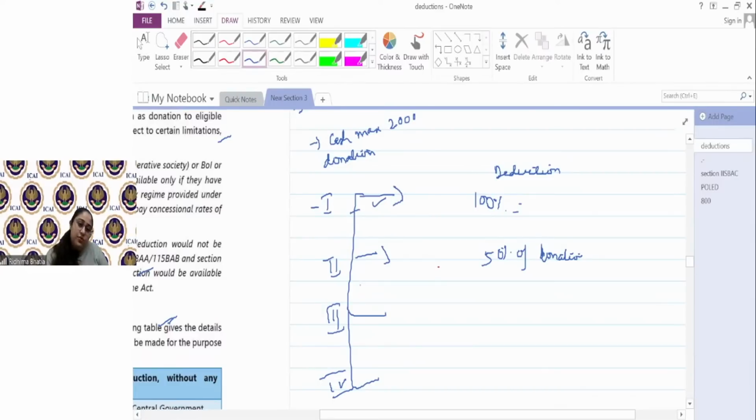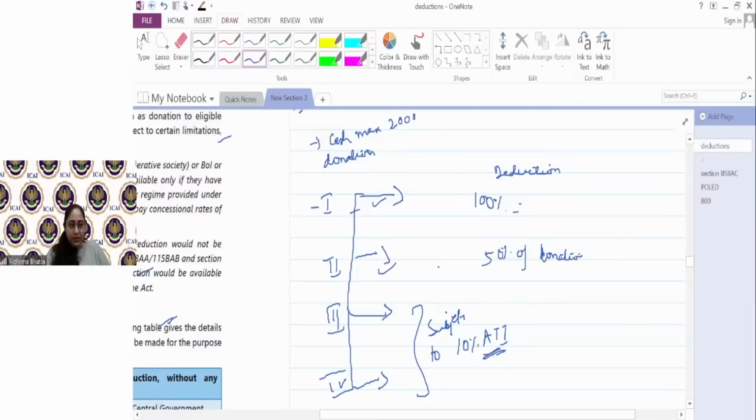If I made a donation to a person who's falling under category 2. The category 3 and category 4 guys are particular sections where they are subject to a limit, which is a 10% limit of adjusted total income. मतलब यहाँ पे in this particular category I cannot claim more than 10% of my adjusted total income.